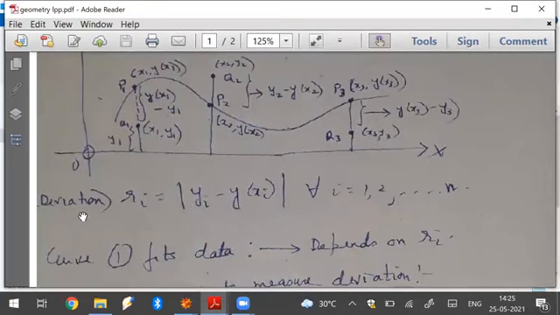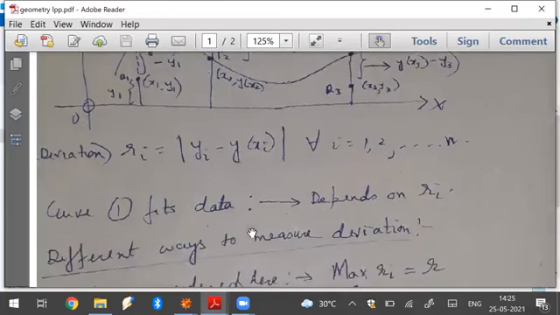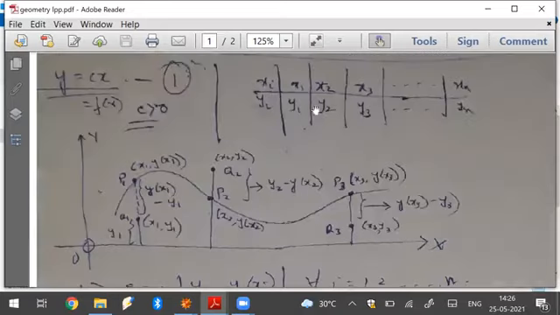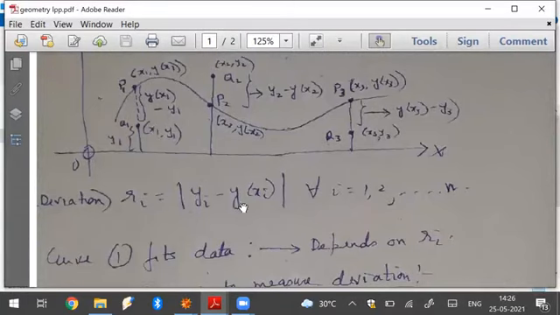Now, according to the criterion we are following, the Chebyshev criterion, to measure the deviation we find the maximum of all these errors. For each and every point there is an error; in some cases it may be equal to 0, but not in all cases.